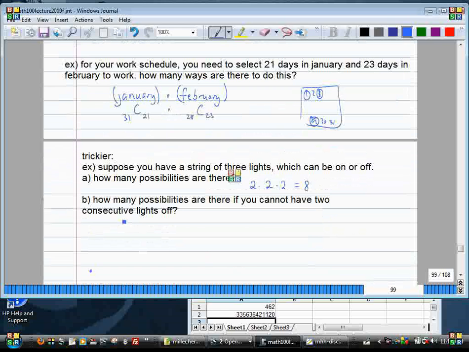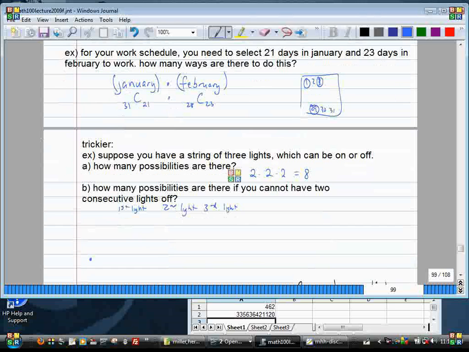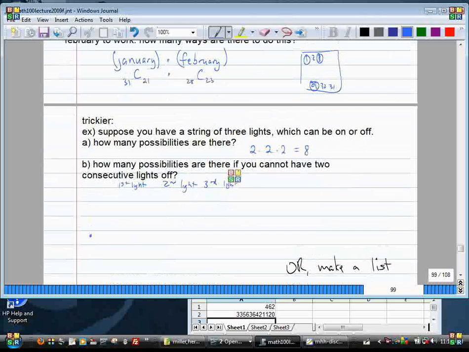So notice that we're going to have a tree where we've got first light, second light, and third light. Okay. Now, what are the possibilities for the first light? On and off. Okay. So far, so good.